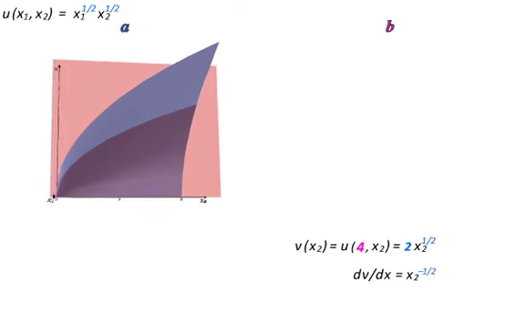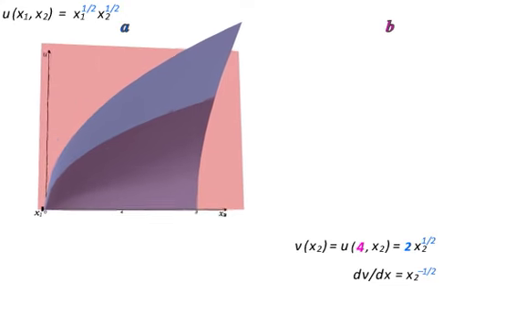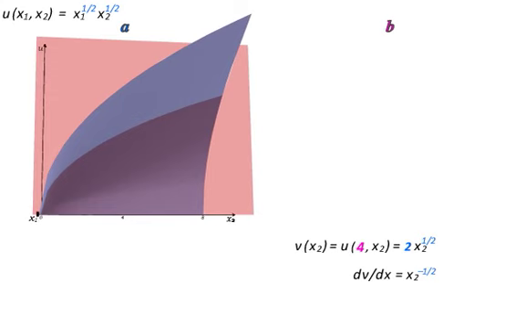This is also called the partial derivative of the original function u with respect to x2 evaluated where x1 is equal to 4. We can therefore think of a partial derivative of a function of two variables as the slope, or the derivative, of a single variable function that's created when we hold one of the variables fixed.